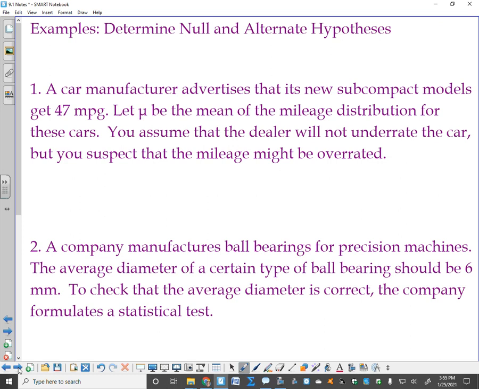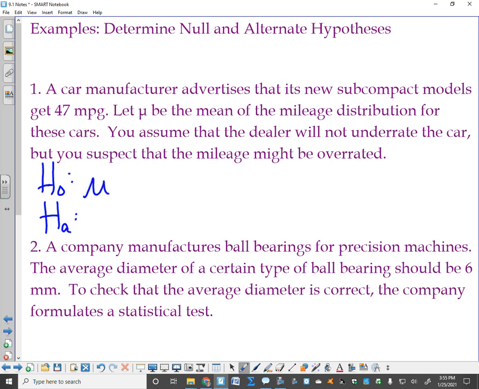Okay, so here I go. I have H sub O and I have H sub A. H sub O is the claim. They are claiming, okay, now is this a mu or a P? Well, this is an average, so this is a mu.